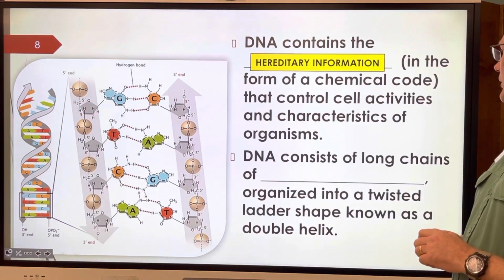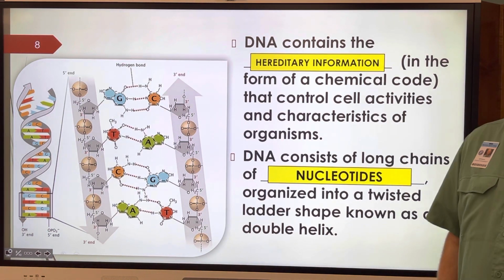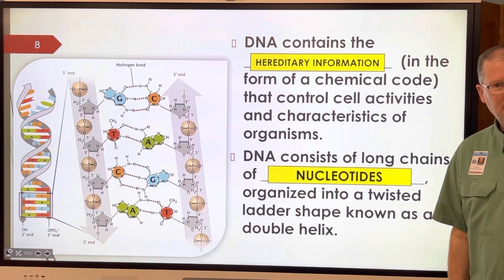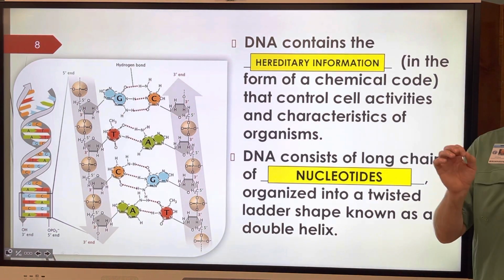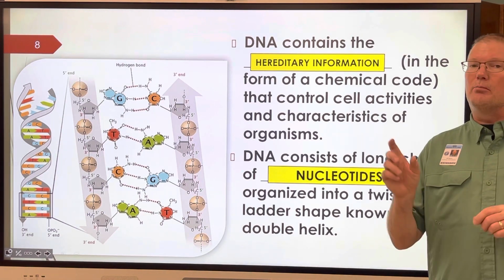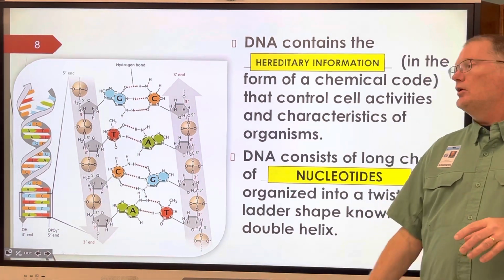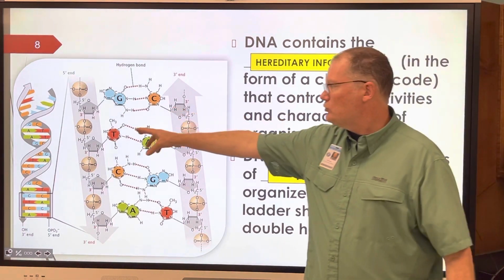DNA consists of long chains of nucleotides. Remember macromolecules and polymers and monomers? A bunch of monomers put together make a polymer, a chain. Well, that's what this chain is.